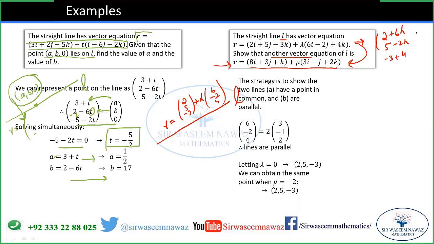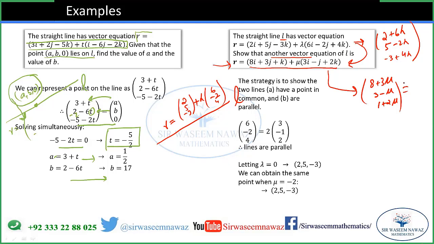I got this one in this form. Now this equation converts into (8 plus 3 mu, 3 minus mu, 1 plus 2 mu). Now you can equate them, find the value of lambda and mu, and check whether they are the same or not.